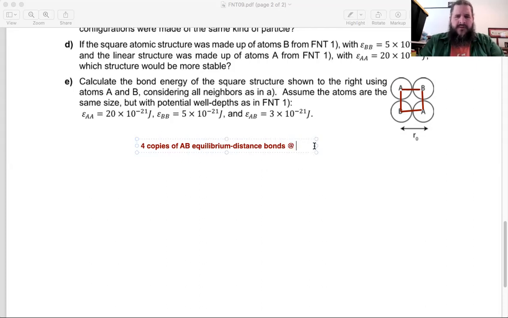At a cost or value of what would be the energy for each one of those? What would be, we're trying to find the bond energy. What is the bond energy of one bond?